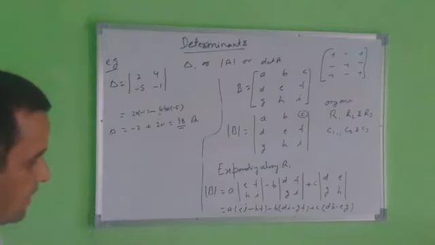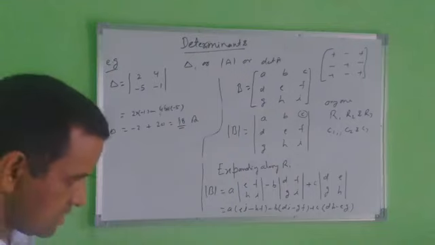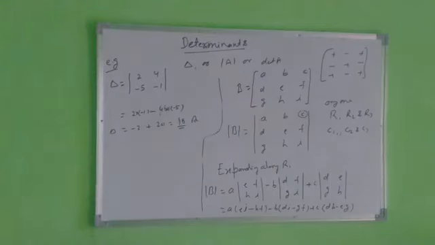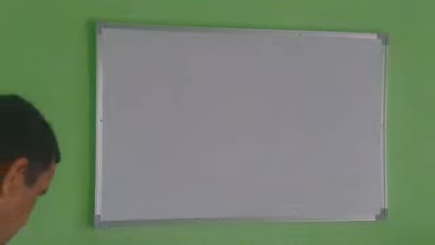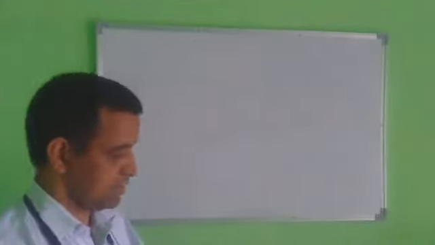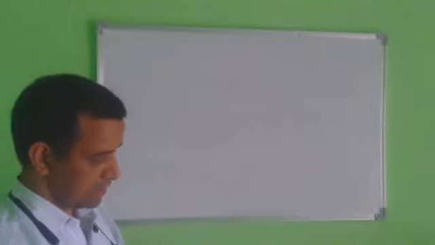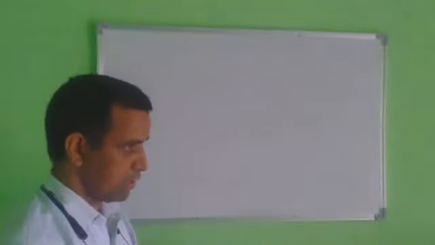Suppose you have a matrix of order 3 by 3, then how do you find the determinant? Just note this down, then I will take the next example. Yes, student, how do we find the determinant value of a 3 by 3 matrix?